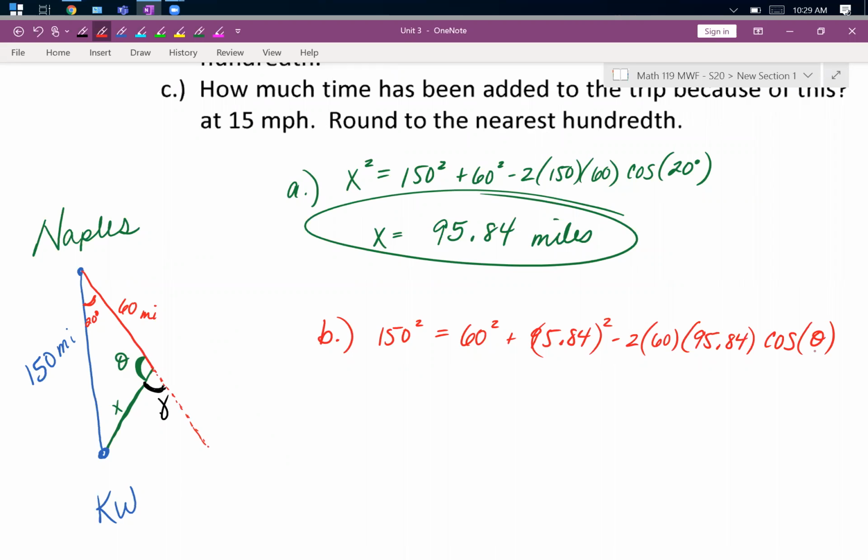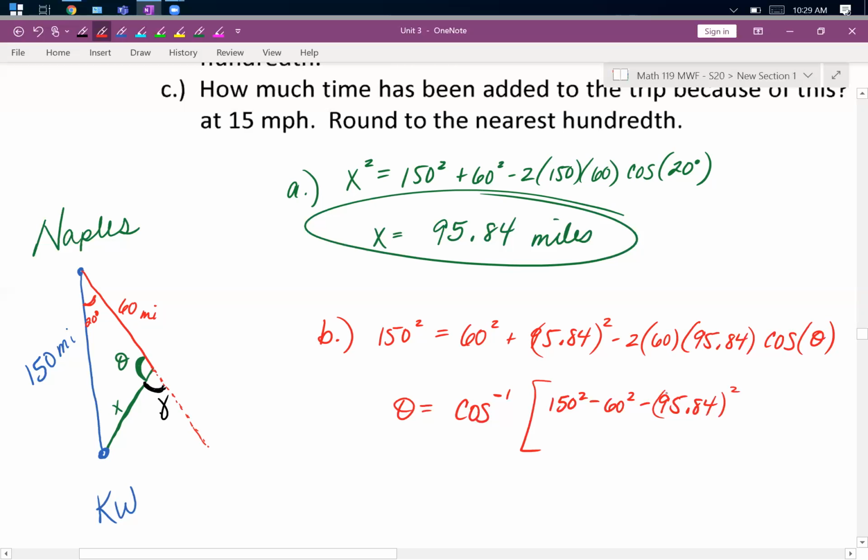I can hear the calculators going, which is great, but we're going to get rounded and rounded answers. You either need to keep all the decimal places or do some algebraic manipulation so you can plug it all into your calculator at once. If we do some rearranging, theta is equal to cosine inverse of (150 squared minus 60 squared minus 95.84 squared) divided by (negative 2 times 60 times 95.84).